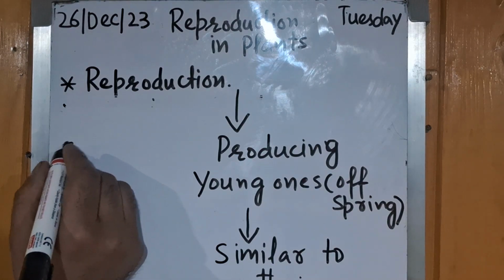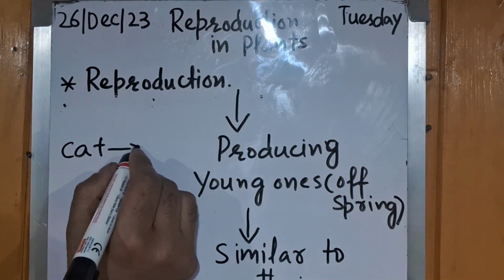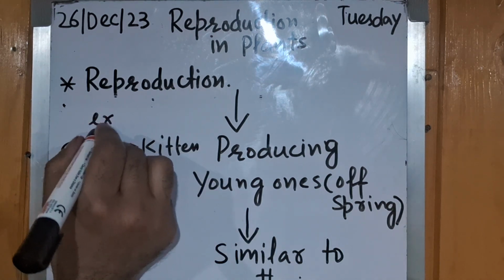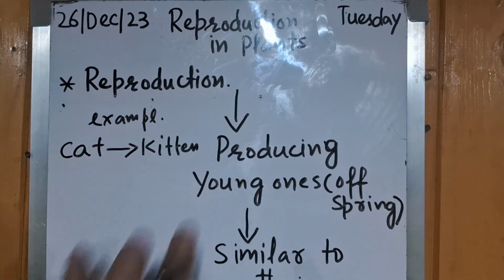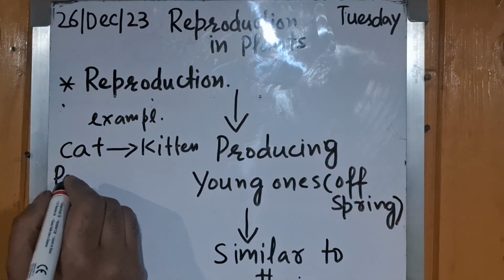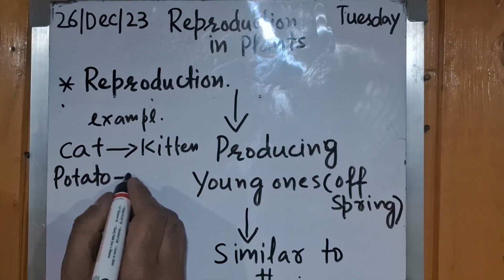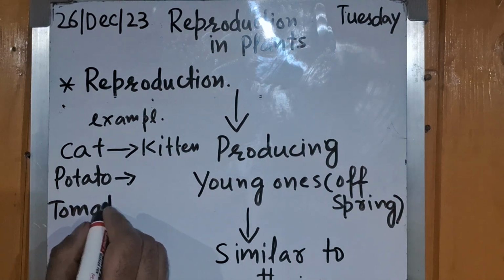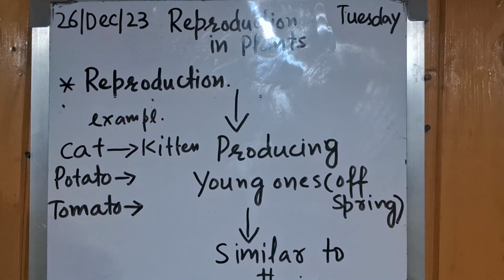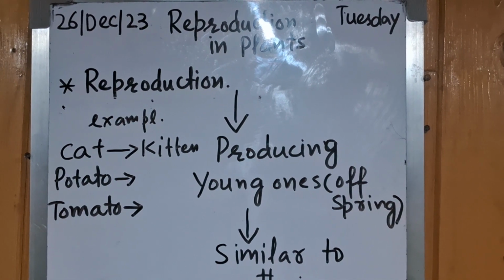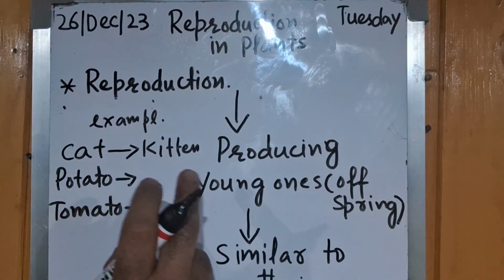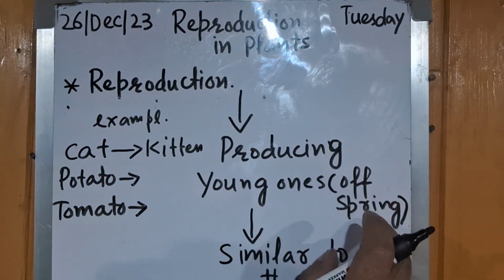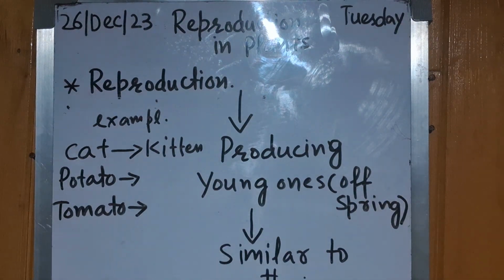For example, a cat produces a kitten. A potato plant produces a potato plant. A tomato plant produces a tomato plant. Human beings produce human beings. That means reproduction is the production of young ones or offsprings similar to their parents.